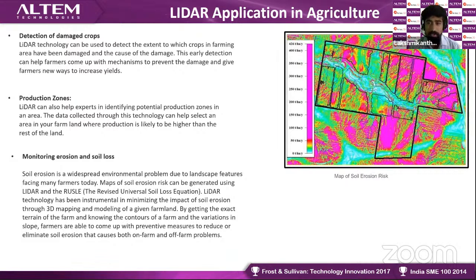Those things can also be calculated with the 3D scanners, and we can take precautionary measures. If something is happening in a particular area, we can calculate how much it is going to destroy and what volume of land it is going to affect, all with 3D scanning technology.